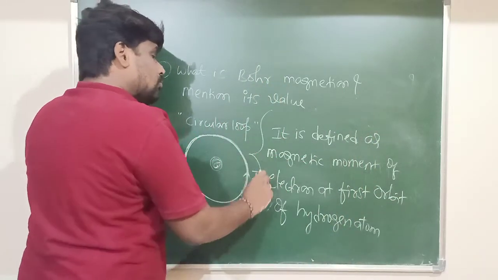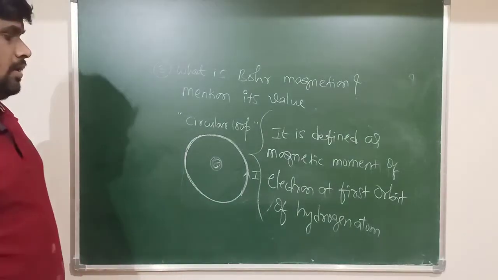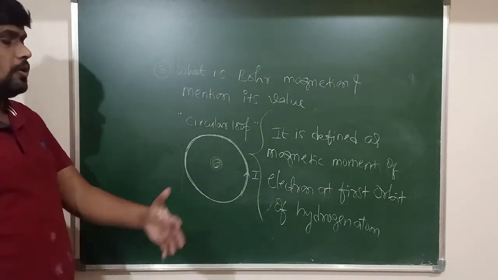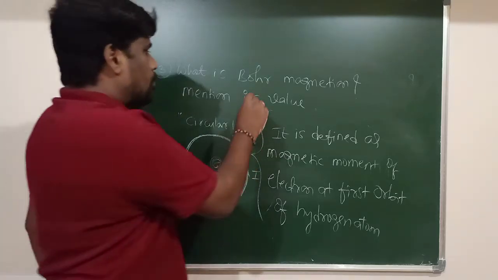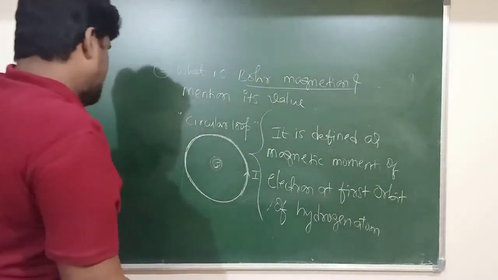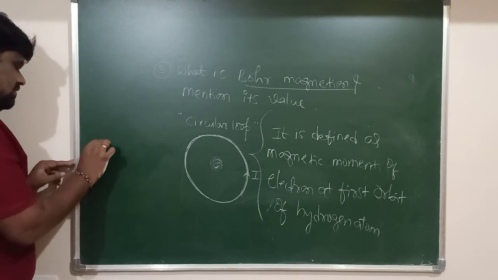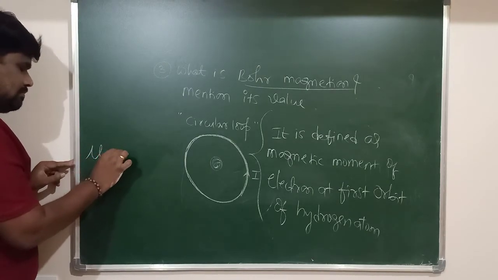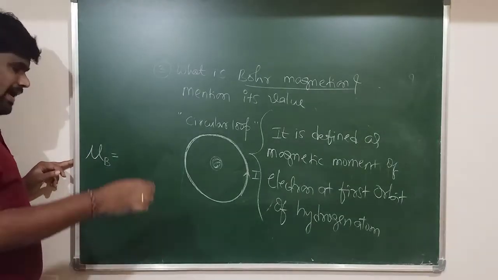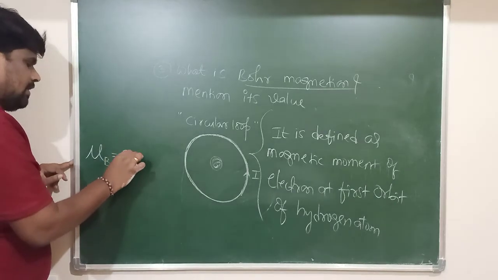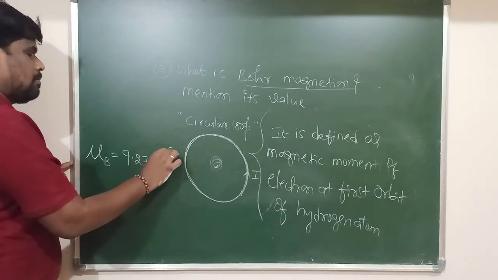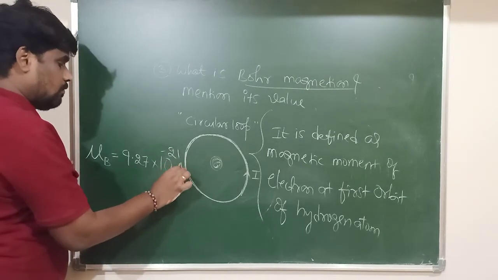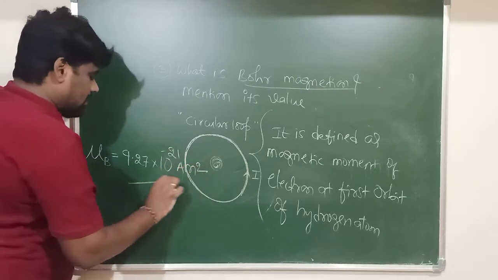The magnetic moment of an electron revolving at the first orbit of a hydrogen atom is generally called a Bohr magneton, and the Bohr magneton is generally denoted by the symbol μB, and its value is nearly 9.27 × 10^-21 ampere square meter.